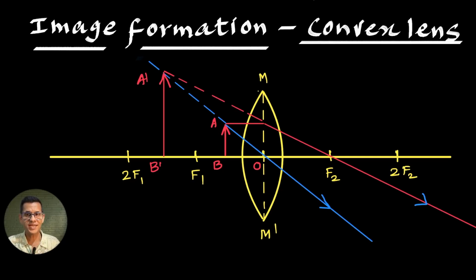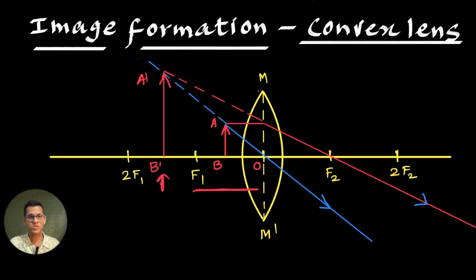This particular diagram is very important in the sense that it explains why a convex lens can be used as a magnifying lens. When you place the object between these 2 points F1 and O, you get a virtual, erect and magnified image of that object, which is what makes it useful as a magnifying lens.